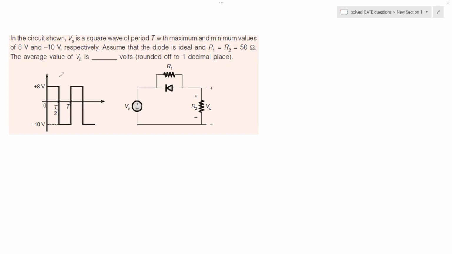If you have a look at this waveform, you are given a positive half cycle and then the negative half cycle. So during the positive half cycle of this circuit, we see the positive makes this diode reverse biased. So obviously this diode is not conducting.